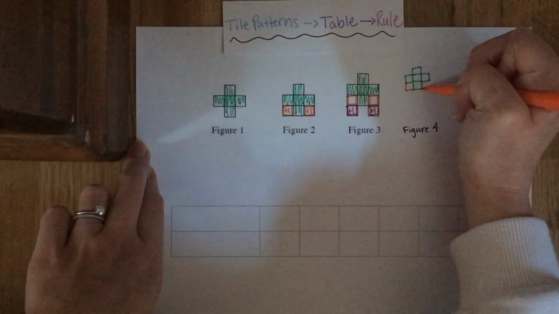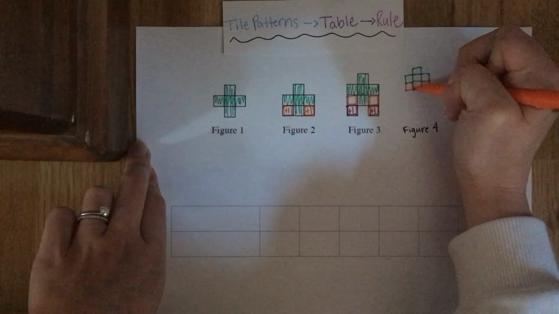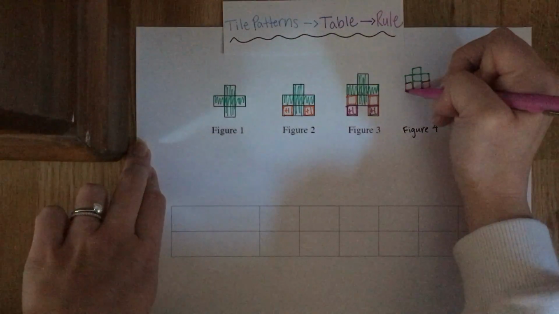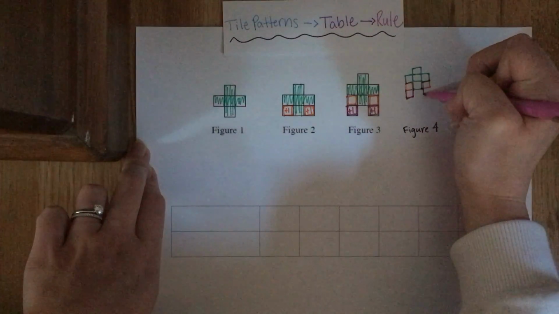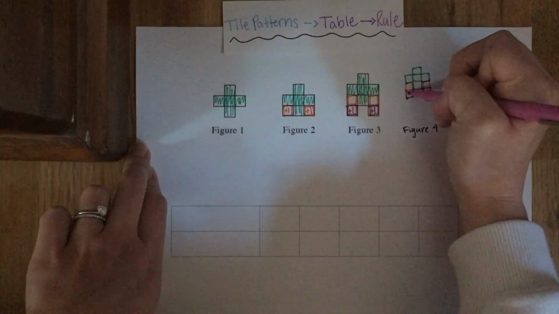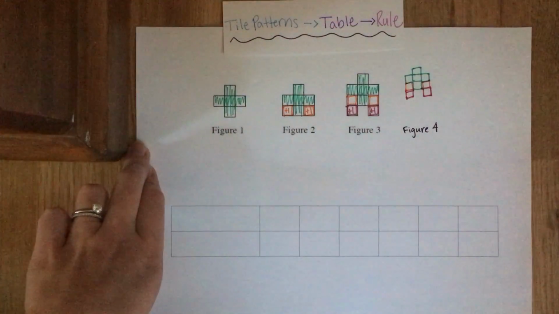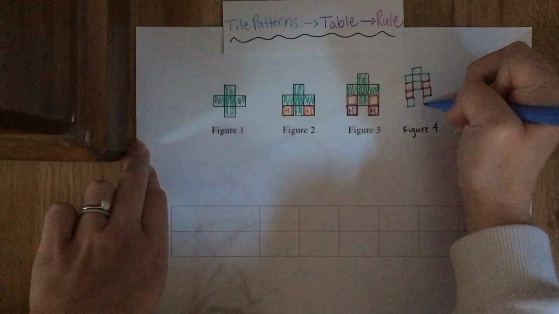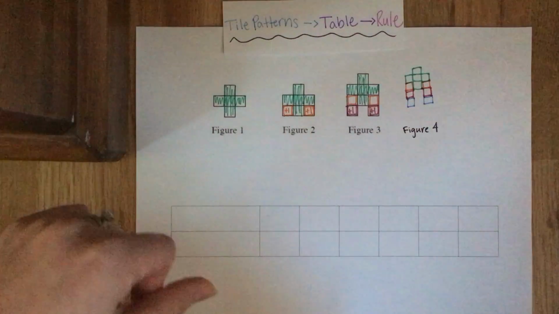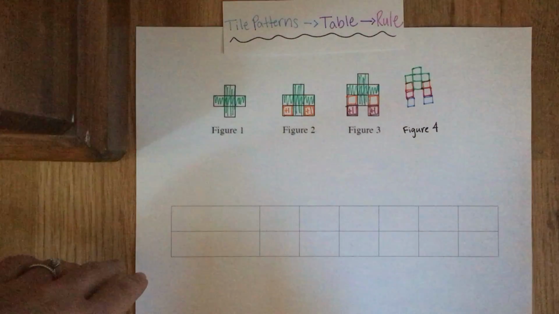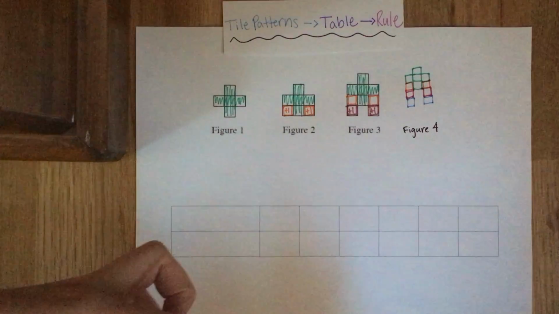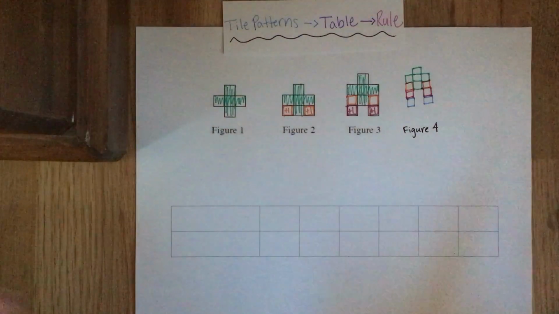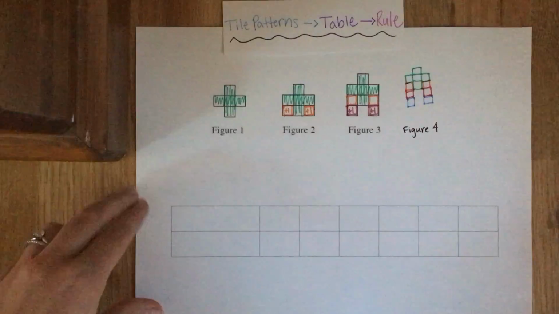So then I have my 2 orange squares from figure 2. I have my 2 pink squares that were added in figure 3. And for figure 4 here, I'm going to add 2 more blue squares. My figure 4 is a little smaller. That's just because I'm drawing it by hand, and so it's ending up a little different. That's okay.